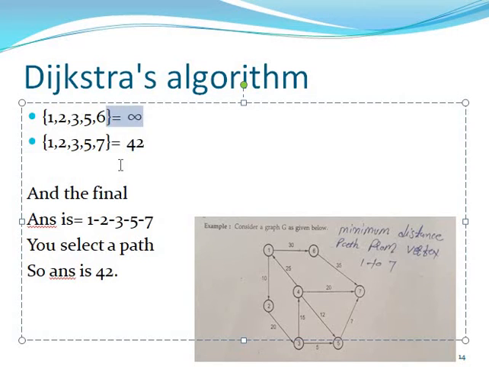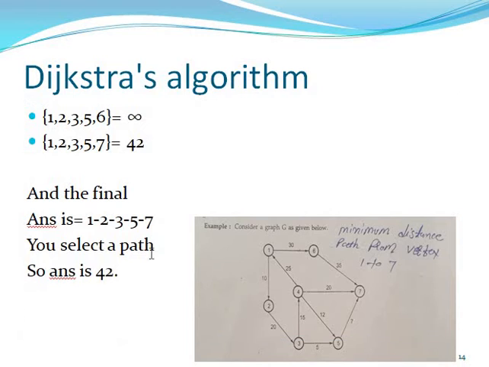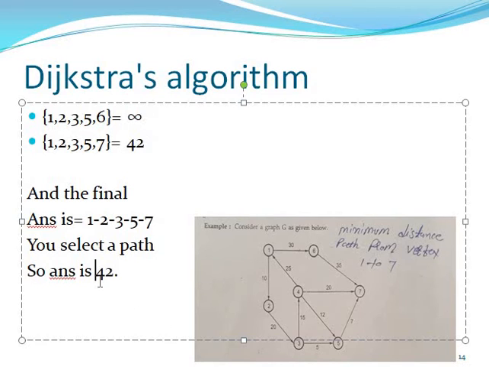So this is the infinite weight and this is the 42. So you can select the minimum distance and path is 1, 2, 3, 5 and 7, and the total distance is 10 plus 20 plus 5 plus 7, and the final answer is 42.